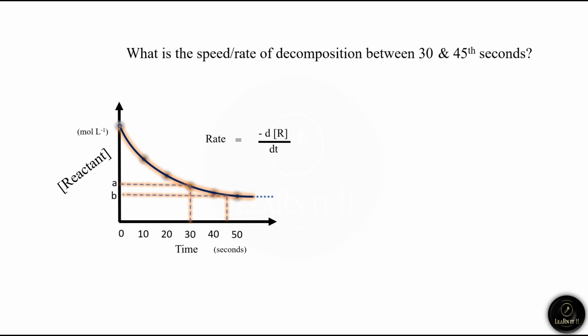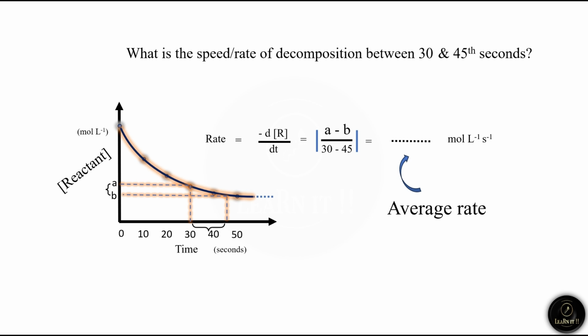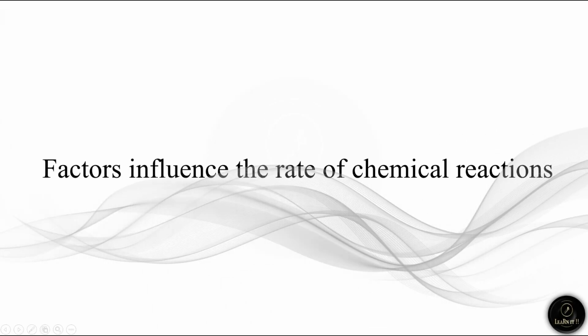We get a point B. Here, change in concentration is between the points A and B, and change in time is 30 minus 45 seconds. The modulus value is taken because rate cannot be negative. So this gives a certain value in moles per liter per second. This is the average rate.